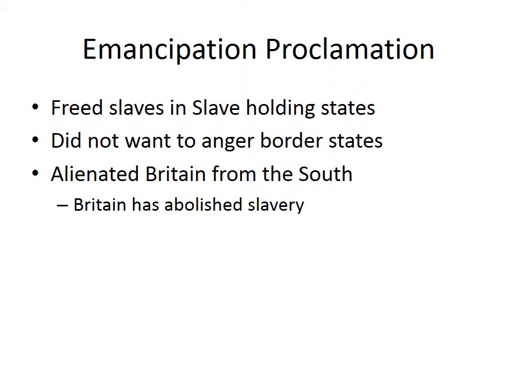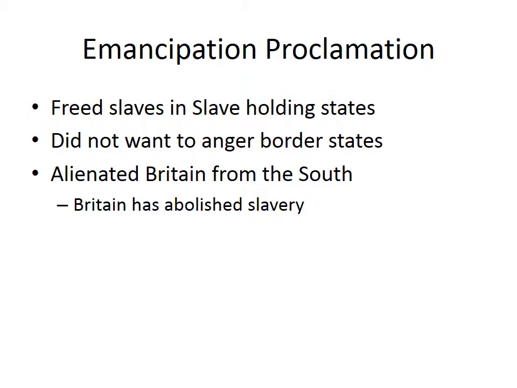The Emancipation Proclamation is issued after the Battle at Antietam, and it's a carefully crafted document. He doesn't want to upset the slave states that are still a part of the Union. So he made it so that it was about preserving the Union, not about freeing slaves.